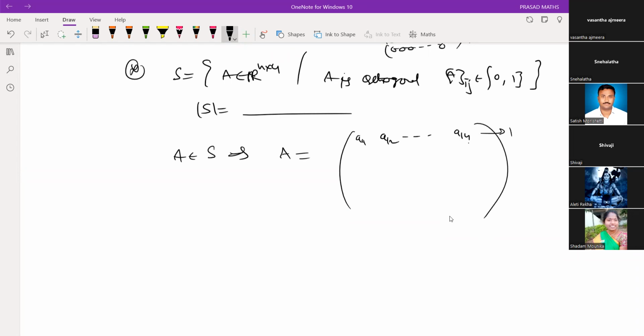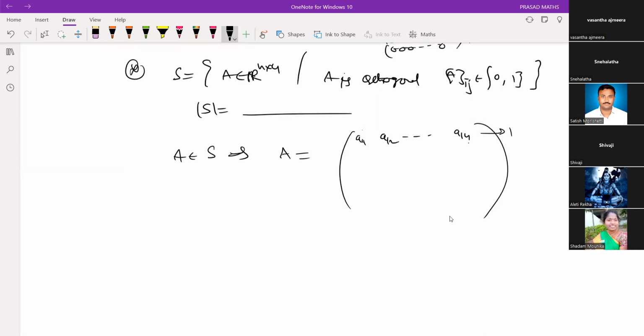Now, what is my first condition for an orthogonal matrix? The sum of the squares of the elements of any row or any column should be 1. So the 1,1 entry can be filled by 0 or 1. Yes or no? First you fix 1, because I need the sum of the squares of the elements of any row or column to be 1.